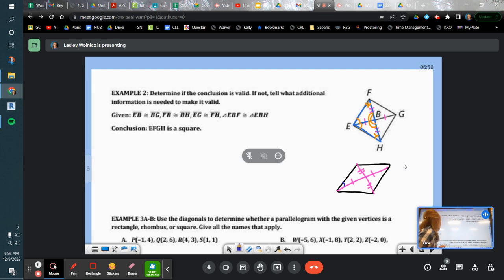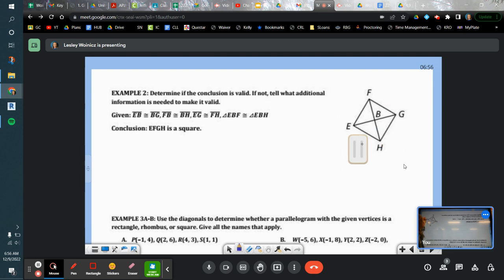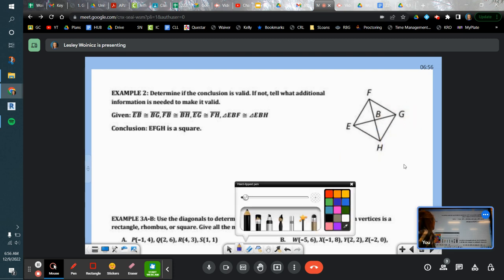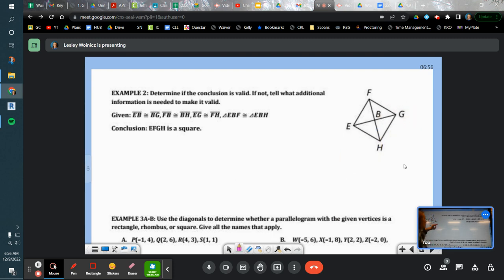Okay, guys, I misread this a little bit. It says that EB is congruent to BG. I got that part right. And then it says that FB.